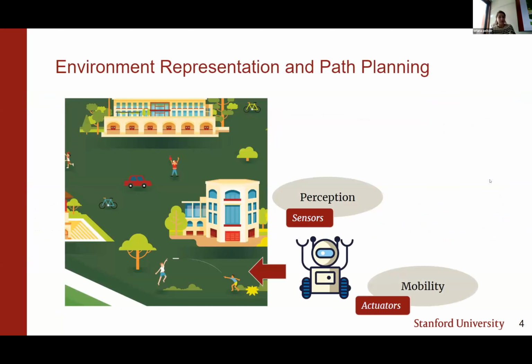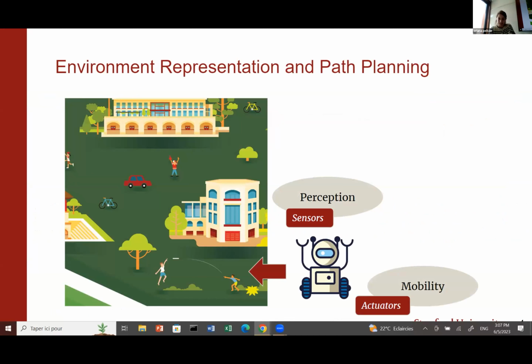Just to introduce a bit more, sorry, we don't see the title here. In the title of the thesis, there is environment representation and path planning. Just to explain what these are: when we want to launch a robot into the wild, when designing the robot, we're going to pick sensors that are going to enable it to perceive the world.